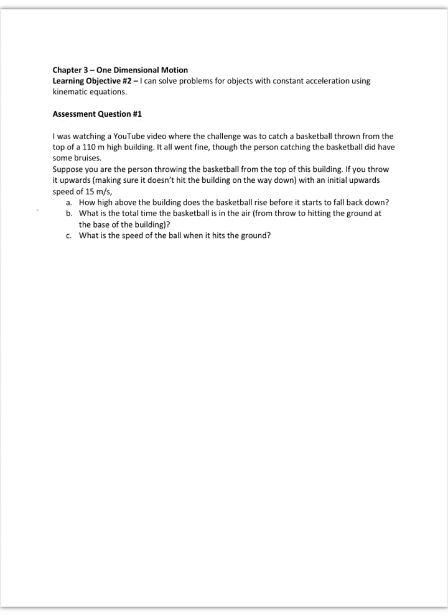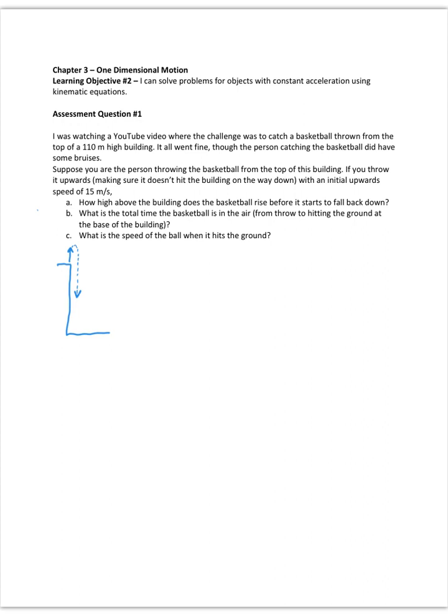We're going to imagine that we're throwing a basketball from the top of this building. We are going to make it just go straight up, just thrown so that it won't hit the building on the way down. So it is going to be one-dimensional, free fall.